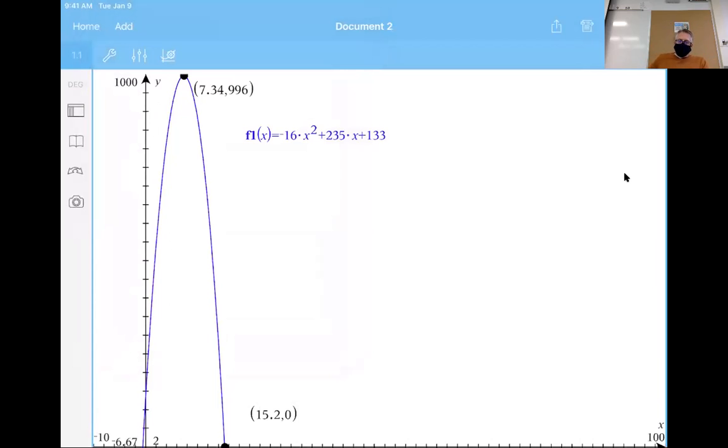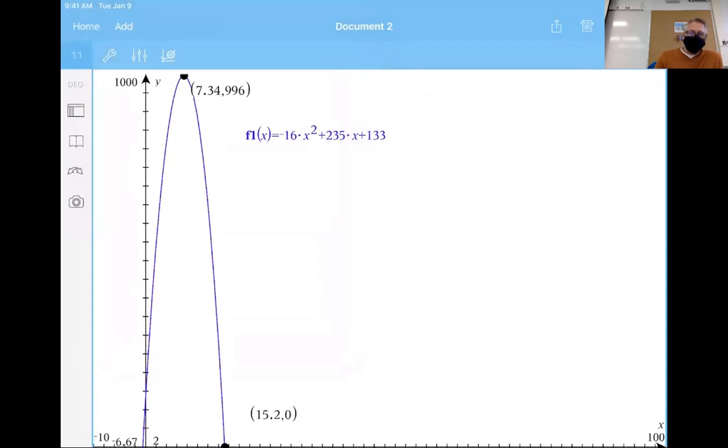And I get this 7.34, comma 996. I didn't get that.